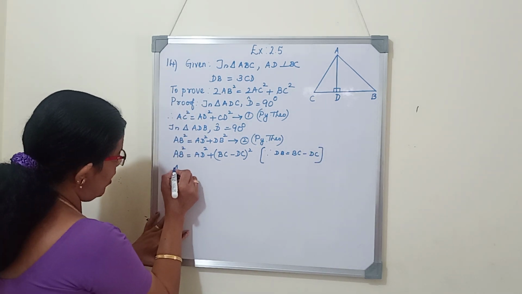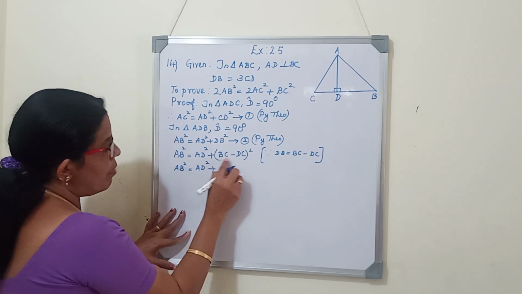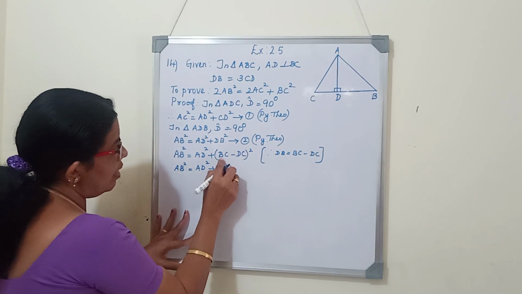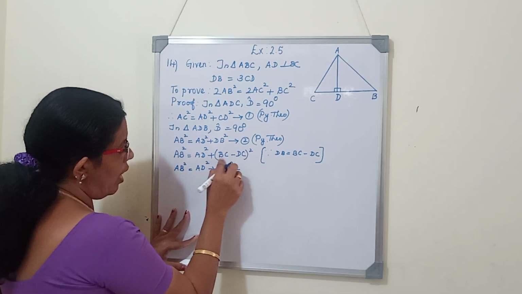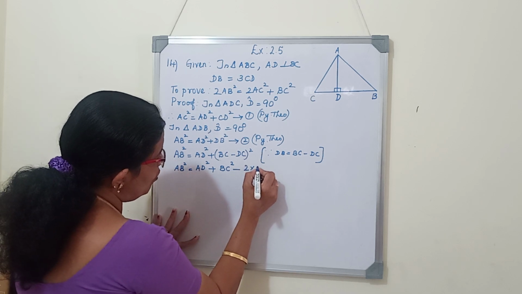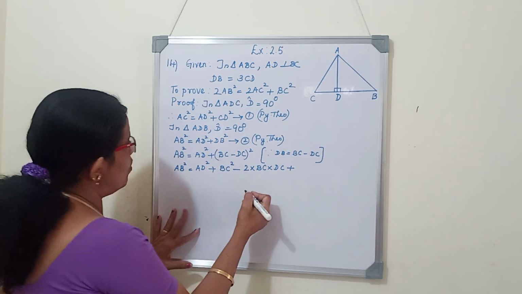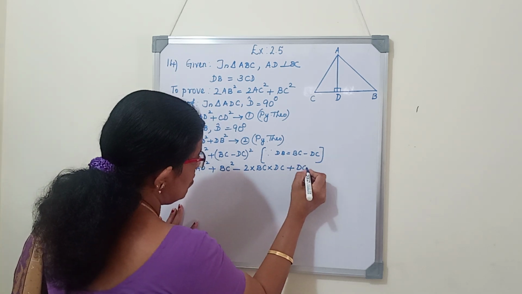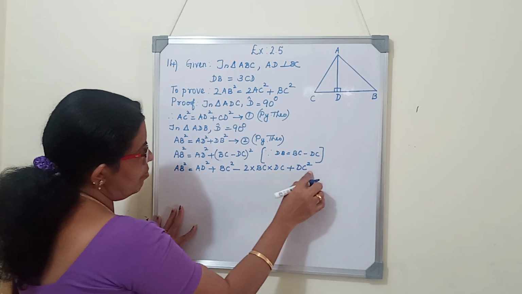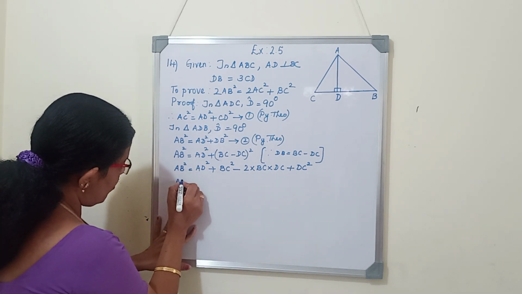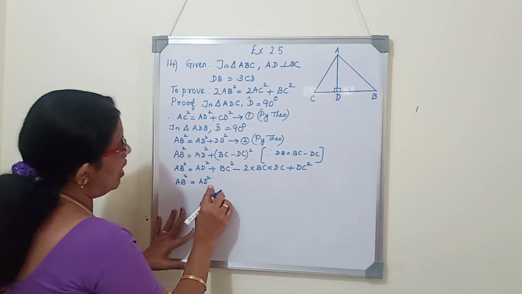Now AB square equals AD square plus (BC minus DC) the whole square. The formula (a minus b) the whole square will apply here. So a square is BC square, minus 2ab, that is 2 into BC into DC, plus DC square. So a square minus 2ab plus b square. Now AB square equals AD square, and DC square I'll write together.